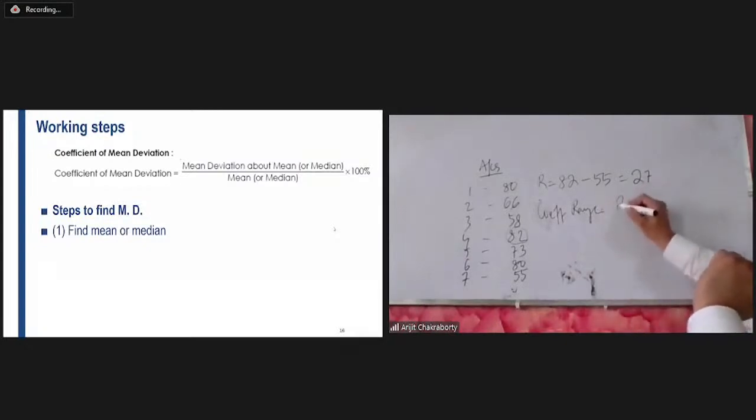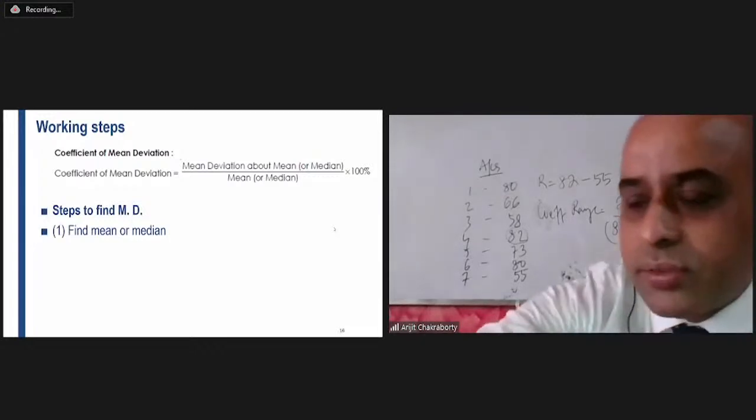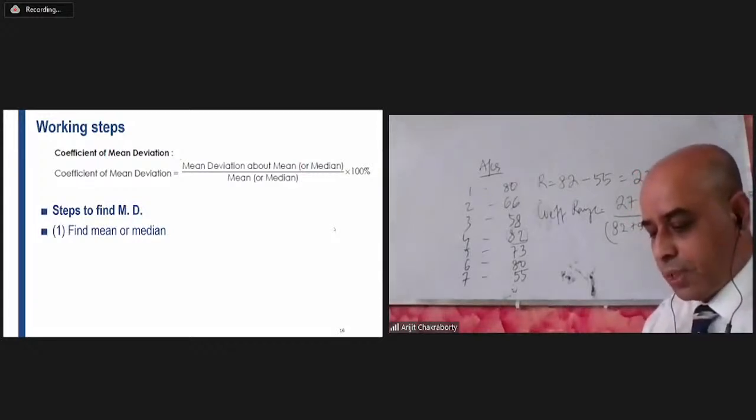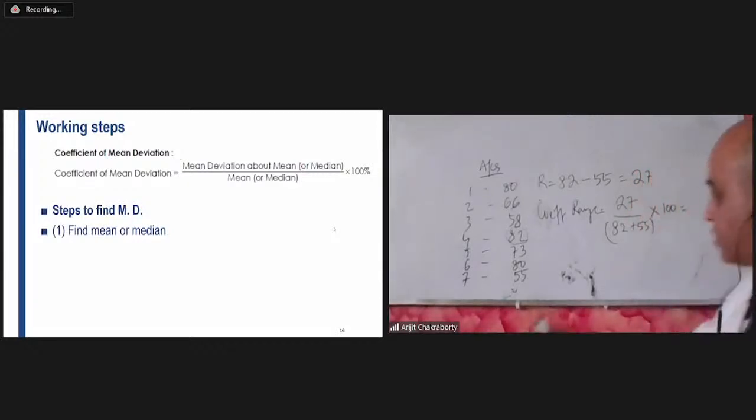Now coefficient of range is equal to 27 divided by 82 plus 55, multiplied by 100. Let us work it out. 82 plus 55 gives you 137.